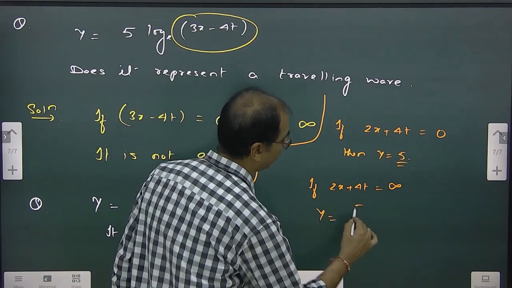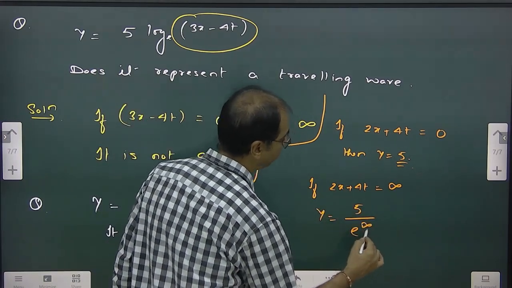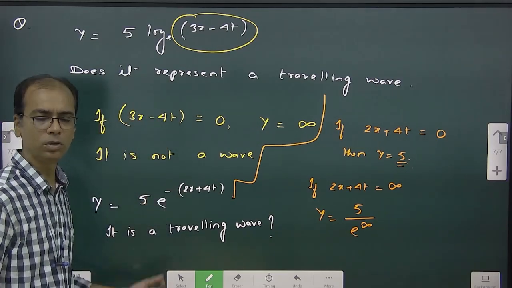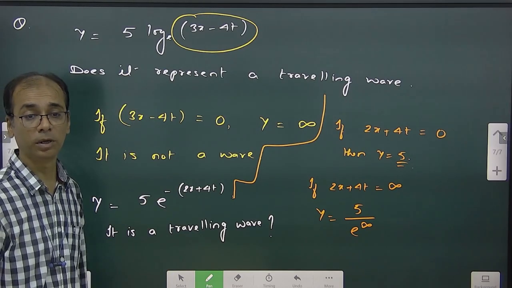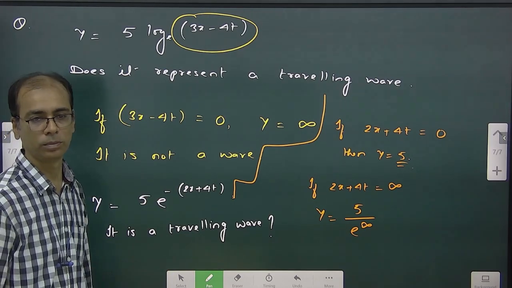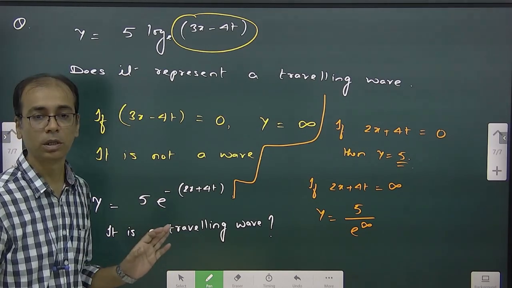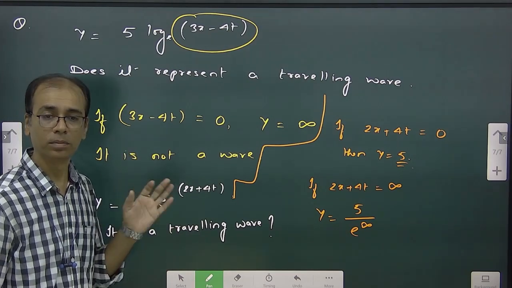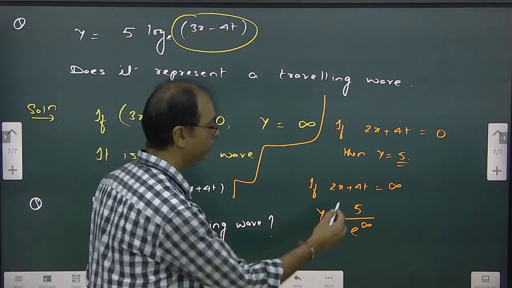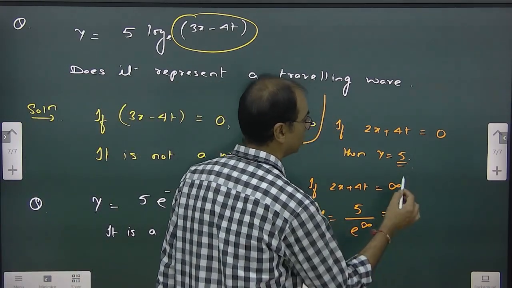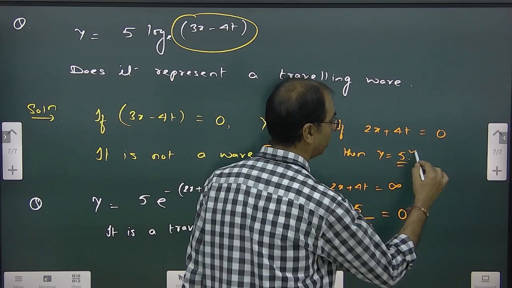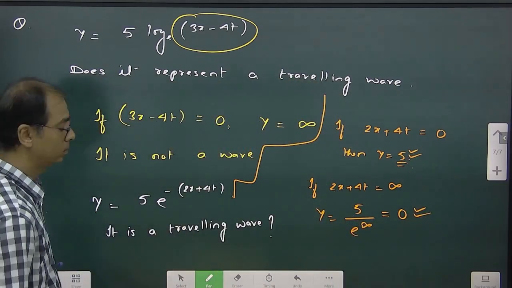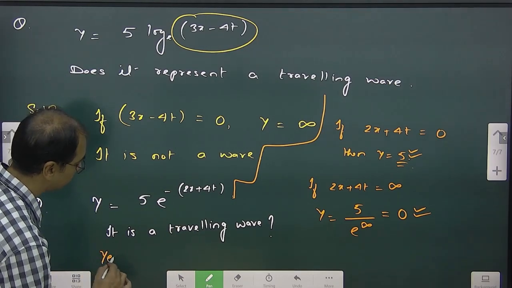E to the power minus infinity means 1 by e to the power infinity, which means 0, because e is 2.7, and 2.7 to the power infinity is infinite. So 5 by infinite means 0. So here also it is well defined. So yes, it is a traveling wave.